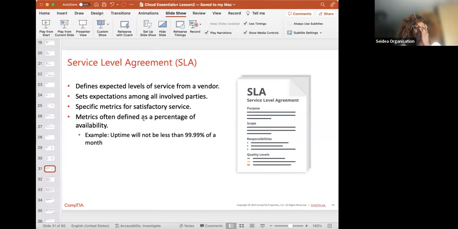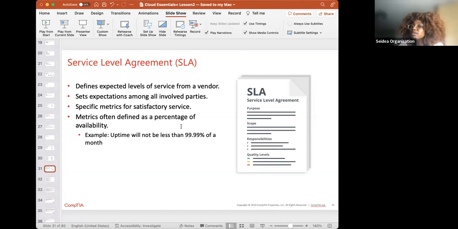Then when we're moving into the next one, which is your SLAs, that deals with your service level agreement. A service level agreement is a contractual document that specifies the expected levels of service from a vendor. So it defines what level of service you are looking to get from your vendor. It sets expectations for all involved parties, and it has specific metrics for satisfactory service.